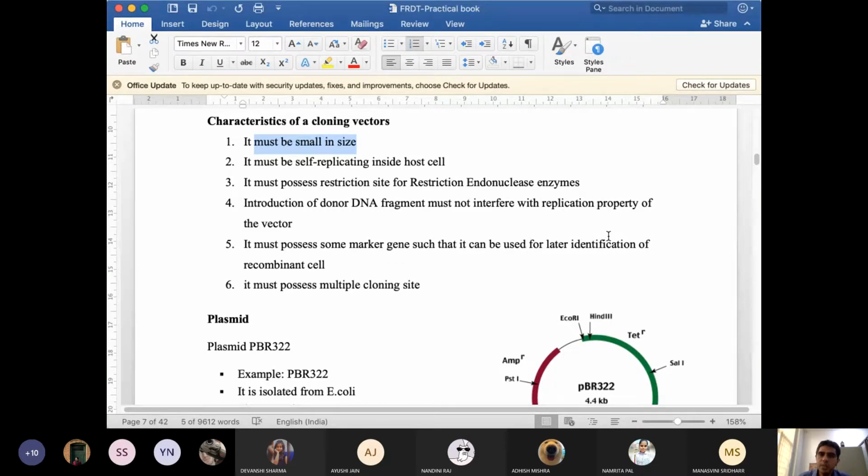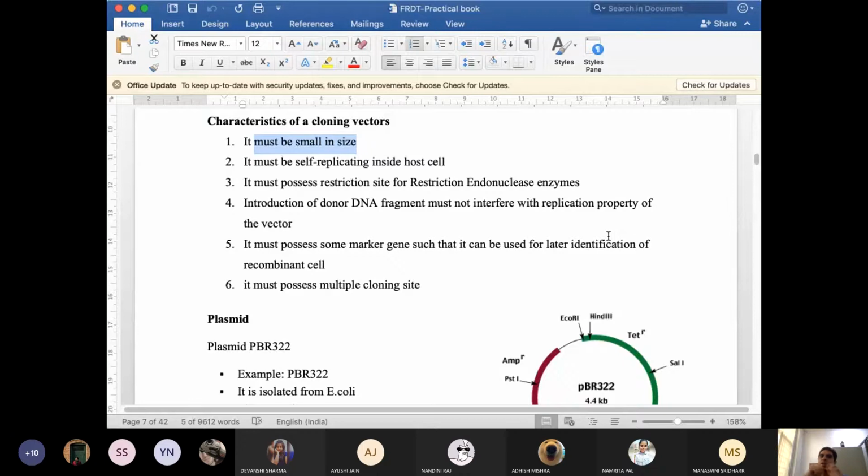That is a very large size. As I mentioned, if the size is going to be 10 kilobase pair or more, then the transformation efficiency is going to be low. So we can't go with such large plasmids.